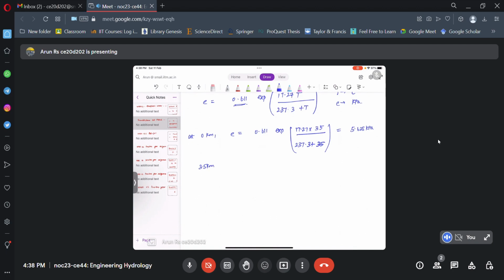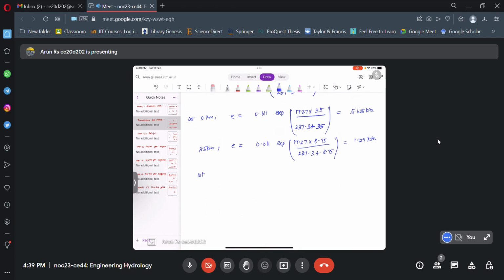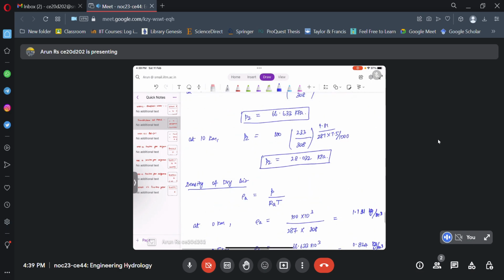And at 3.5 kilometers. So we have calculated the saturation vapor pressures at different levels.